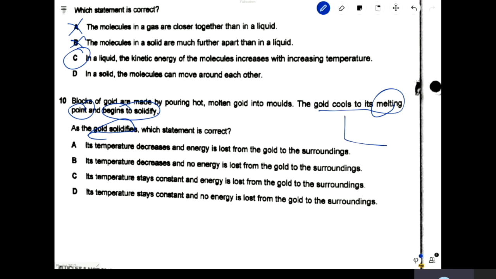That means we are looking at the part where the temperature stays constant. So it's either this or this, right? C is correct. Next.